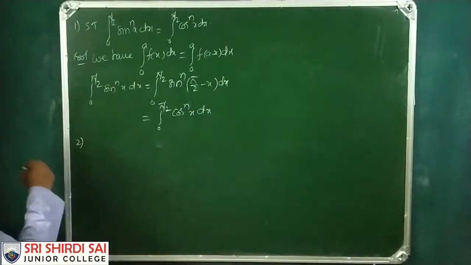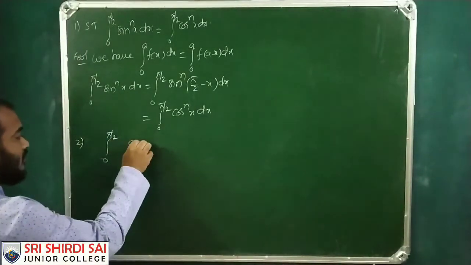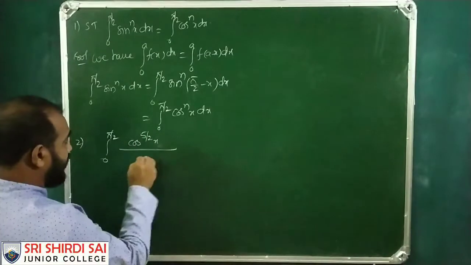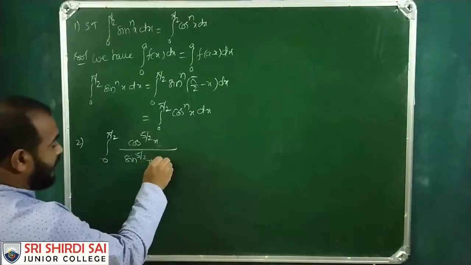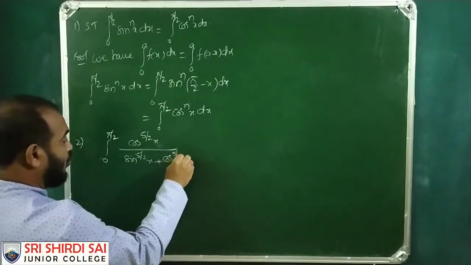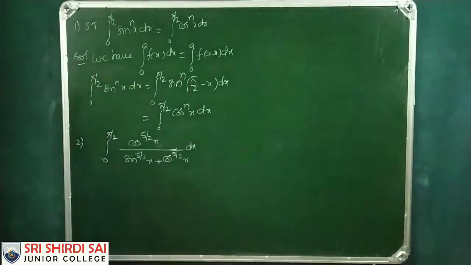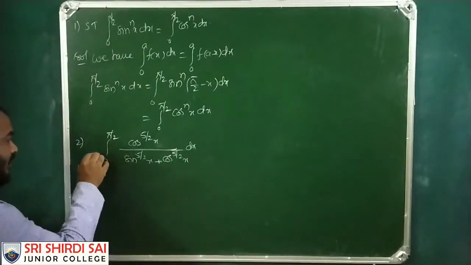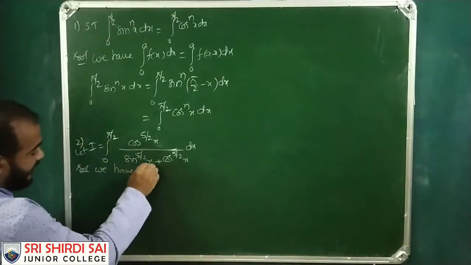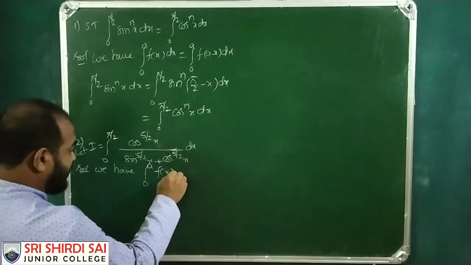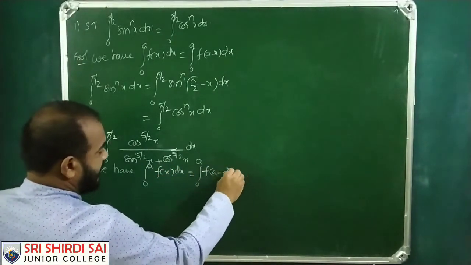So the next problem is the integral from 0 to pi by 2 of cos power 5 by 2 x by sin power 5 by 2 x plus cos power 5 by 2 x dx. This is a simple application of the above one. Solution: let I be this. We have the integral from 0 to a of f of x dx equals the integral from 0 to a of f of a minus x dx.